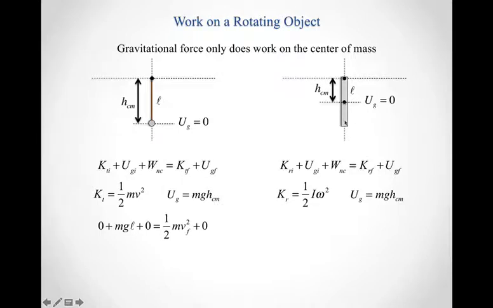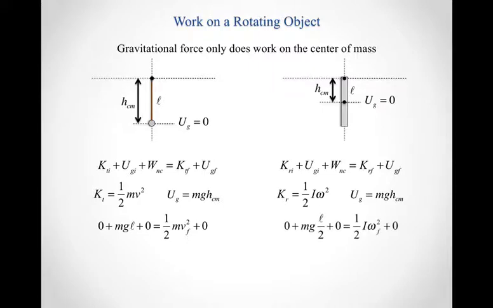So instead of having the gravitational potential energy equal 0 down here at the bottom of the rod, I want to place it right here where the center of mass is. So now my 0 point for the gravitational potential energy is at the center of the rod, which means that this height that it started at initially is now half the length of the rod, not its full length.